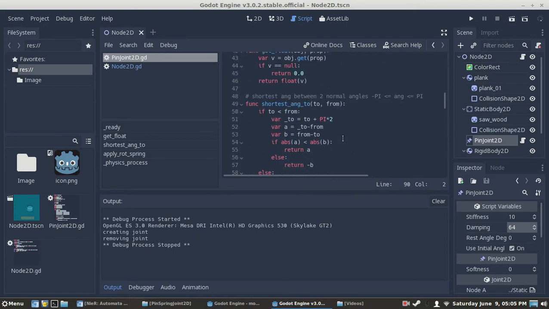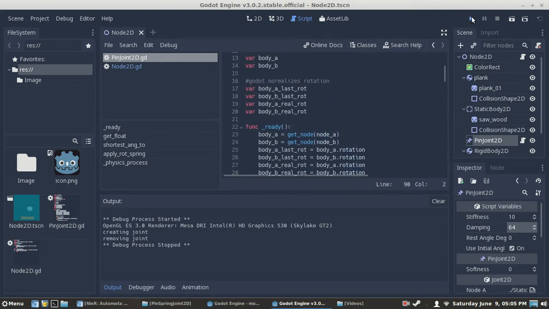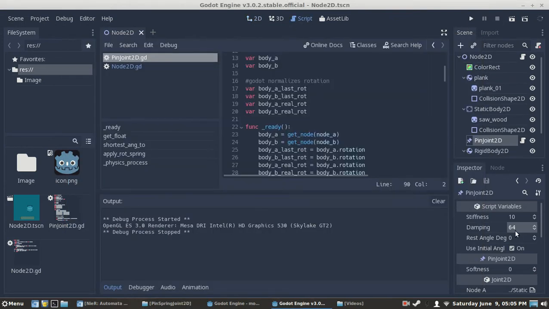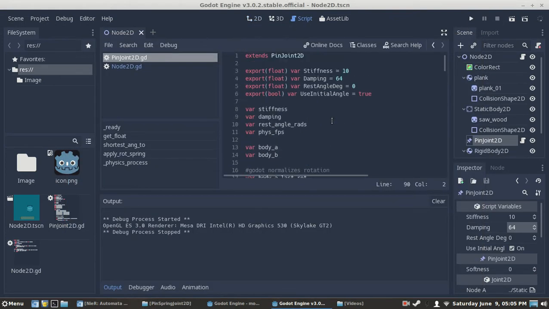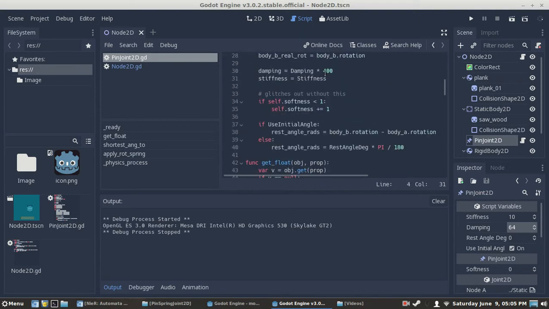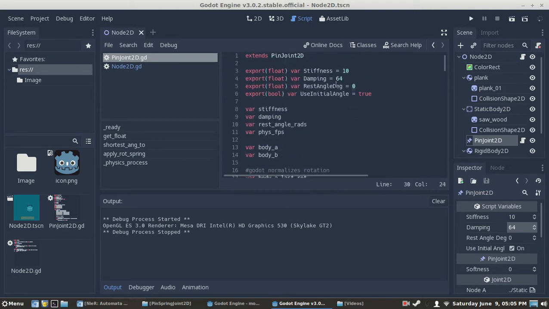But then I noticed the damping was all over the place. In a normal physics engine, damping of 64 is pretty high, and maybe 100 is super high, but I actually have it at 400 times 64, so over 20,000 damping.